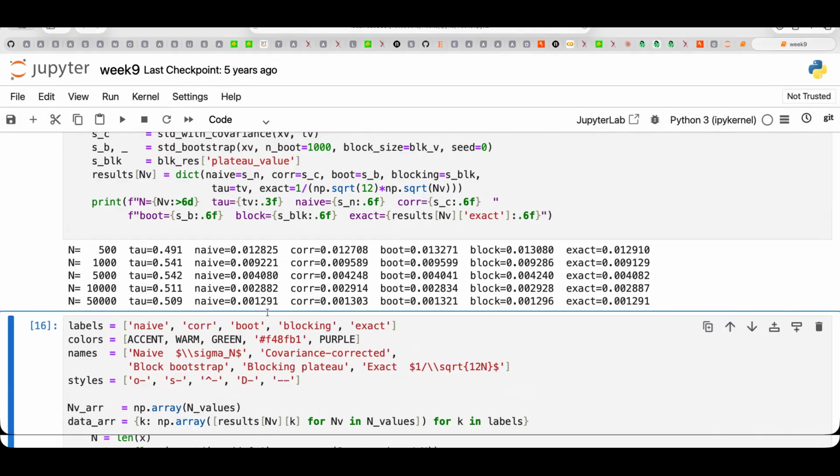For this random number generator, you're getting something which is not so far away from the exact result, because the random number generator is pretty good. But for your Monte Carlo results, you will most likely see a larger deviation between the naive result and the final standard deviation.